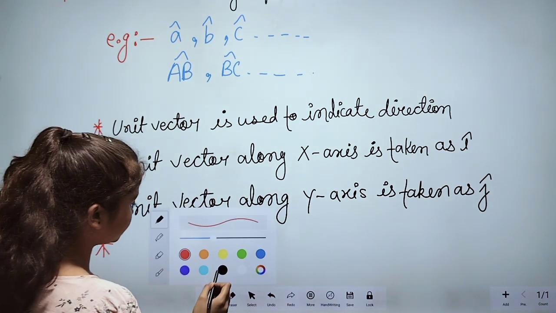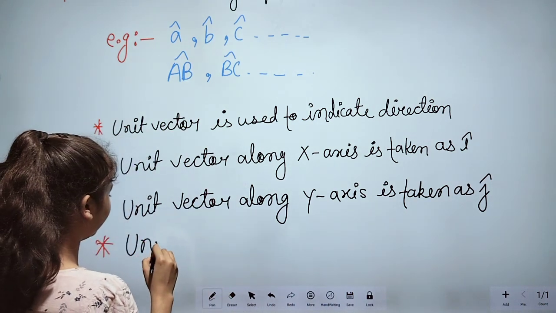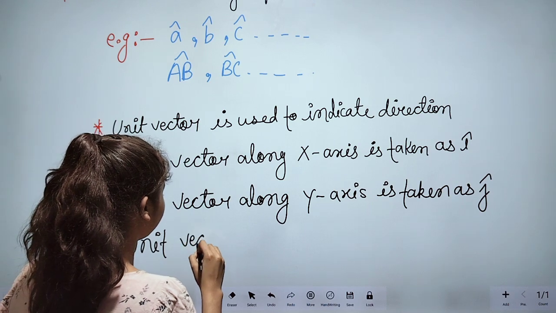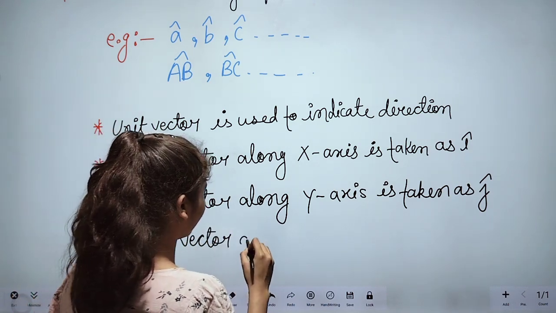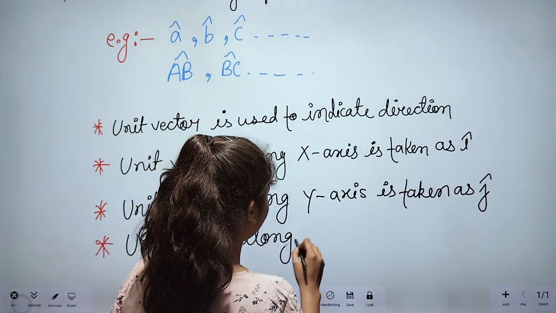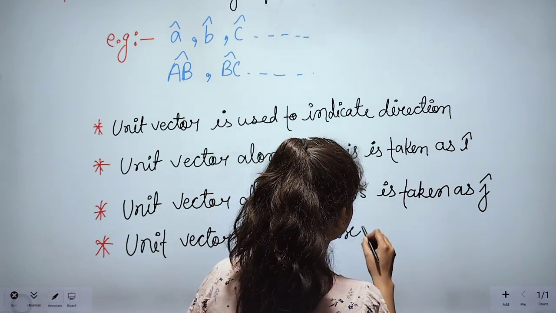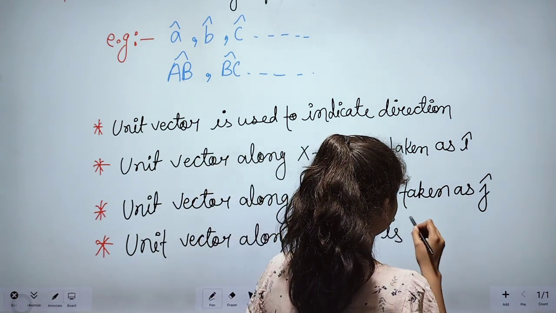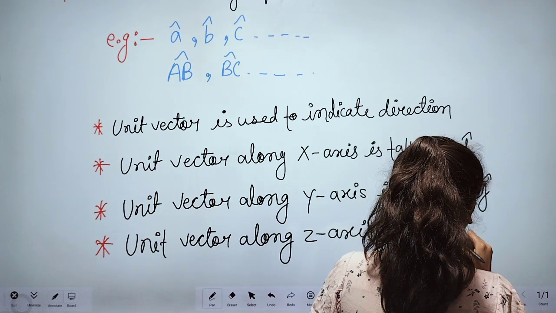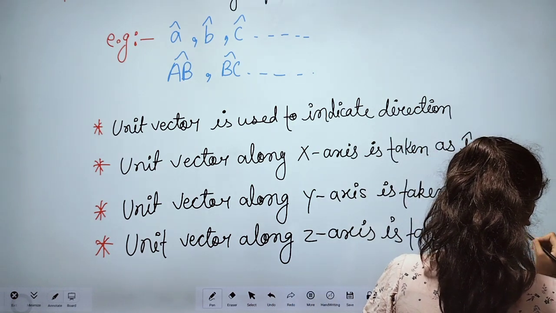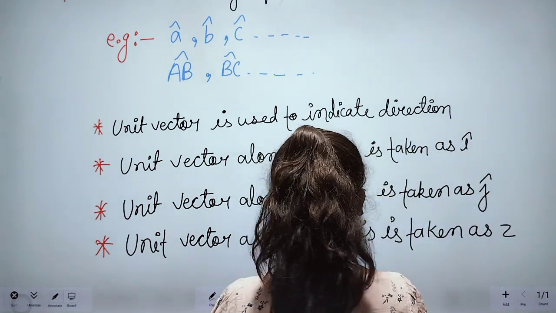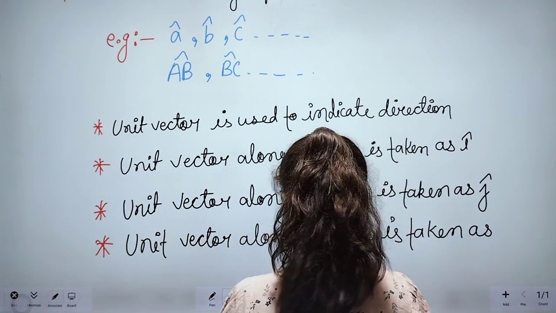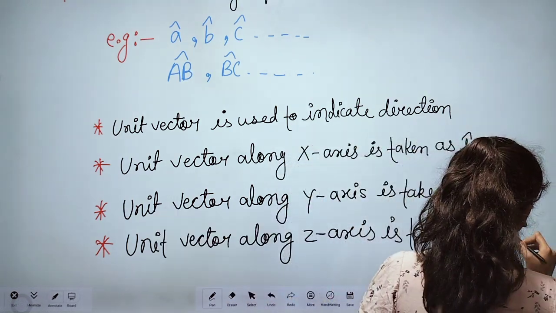Next point is the unit vector along the z-axis is taken as k cap.